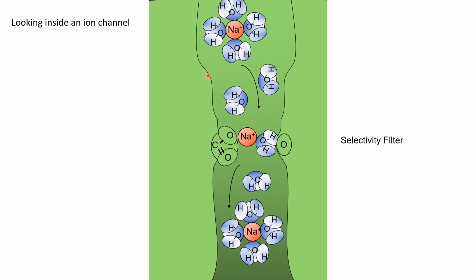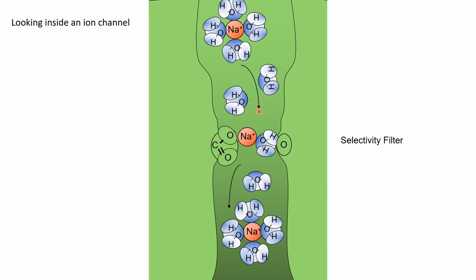And typically in the ion channels, there is a narrow region, which is also known as the selectivity filter. In this narrow region, the hydration shells cannot pass through fully. So these water molecules are stripped off from the hydration shells, and only the sodium atom or the potassium atom remains. This removal of water molecules is energetically unfavorable.